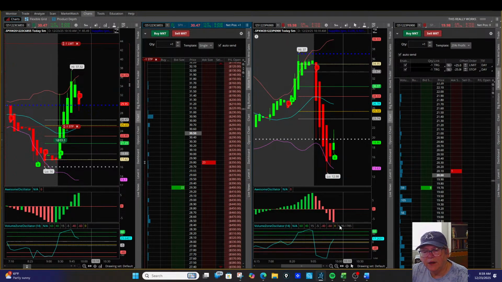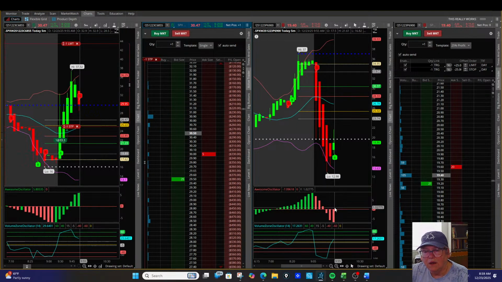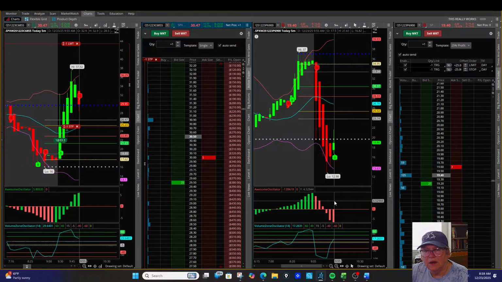What I'm looking at right now is for another green bar right here on the puts.